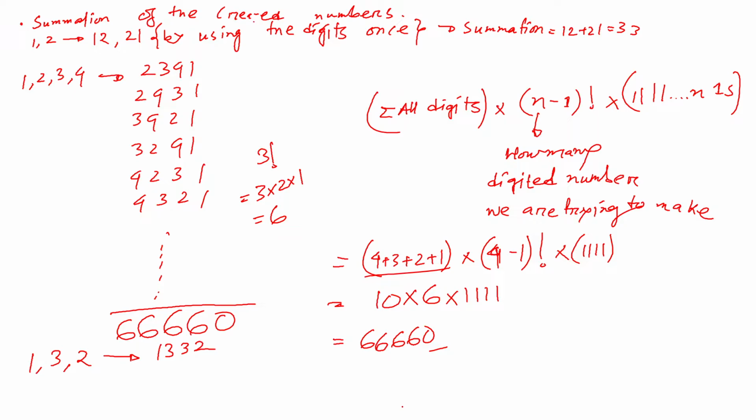All right. Now, let's do another one. Say you are given 4 digits, which are 3, 4, 6 and 7. 3 4 6 7, 4 digits.